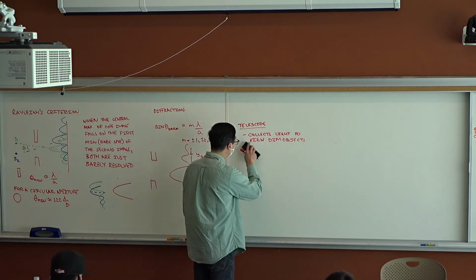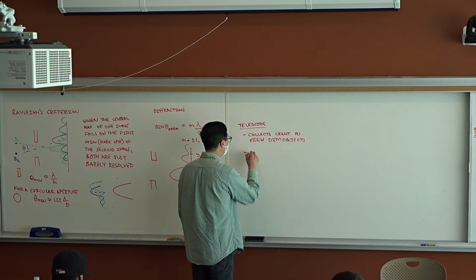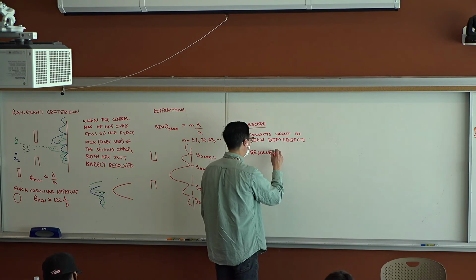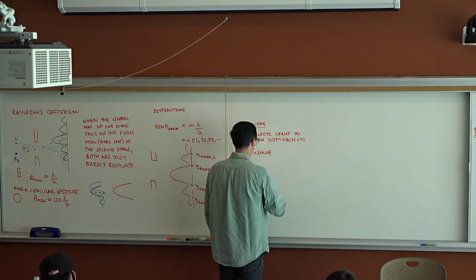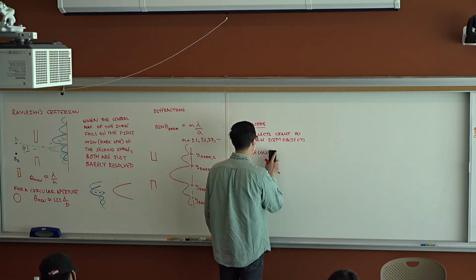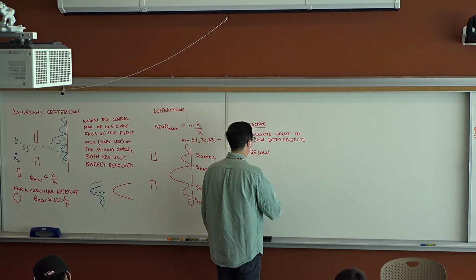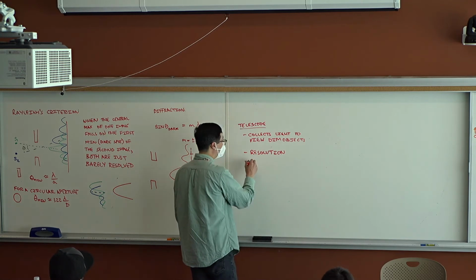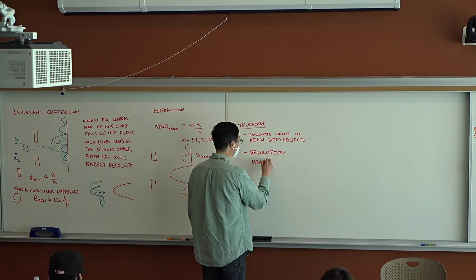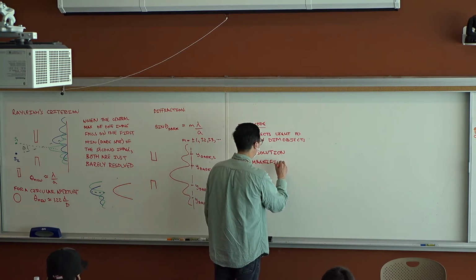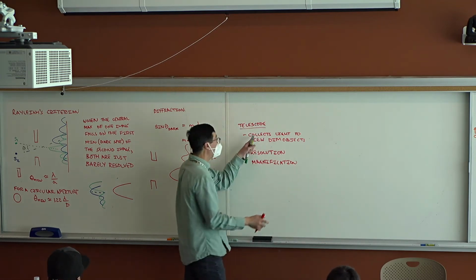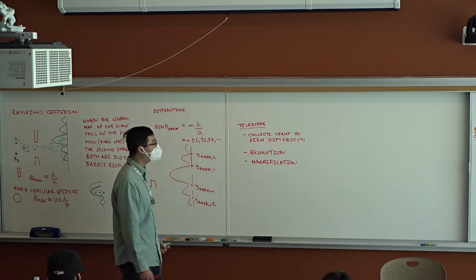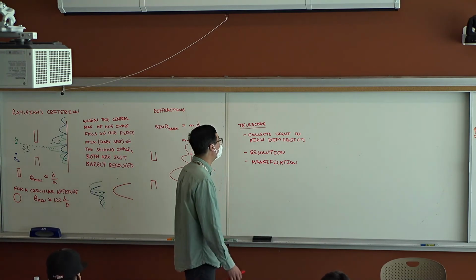It also helps to resolve, I'll call it resolution. It's resolving between two objects. And the third is magnification. These first two are kind of the key things for a telescope.